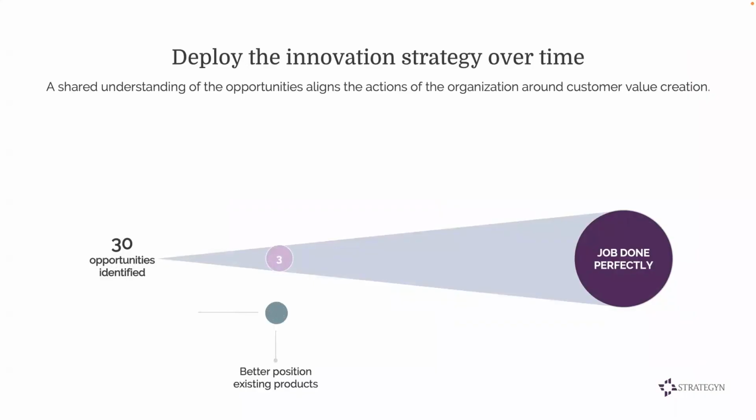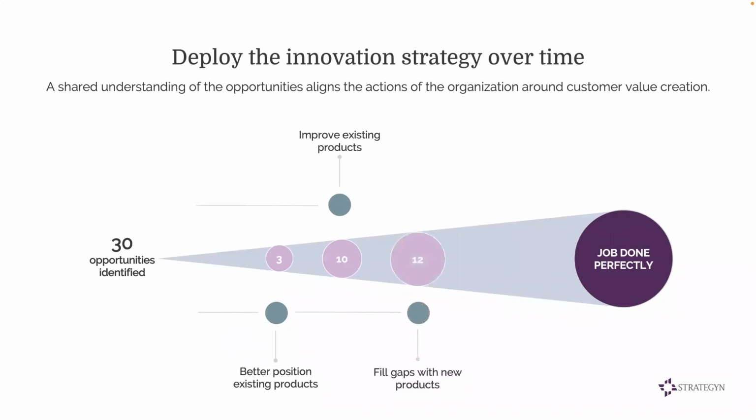The first thing you do is you look at the opportunities, and if you already address them with your current product set, you can better position your current product without changing the product at all, just from a marketing standpoint, position it around those unmet needs and get a bump. You can then improve your existing products and address maybe 10 more of those needs with your current product set in order to get the job done better.